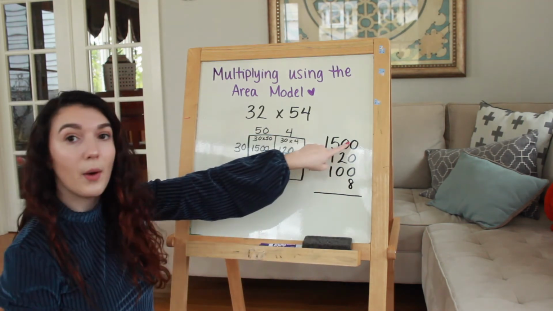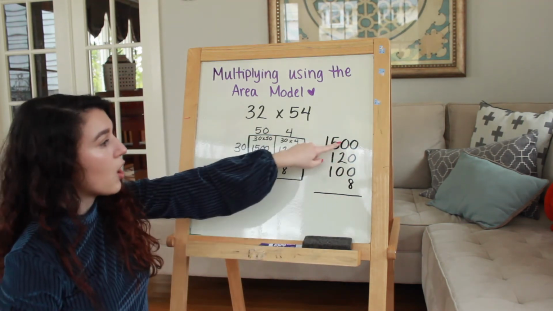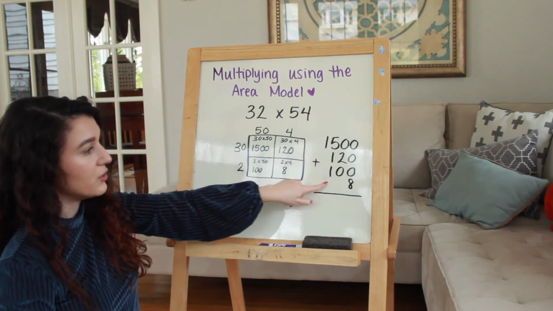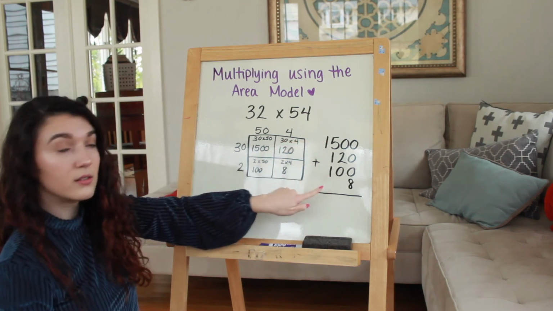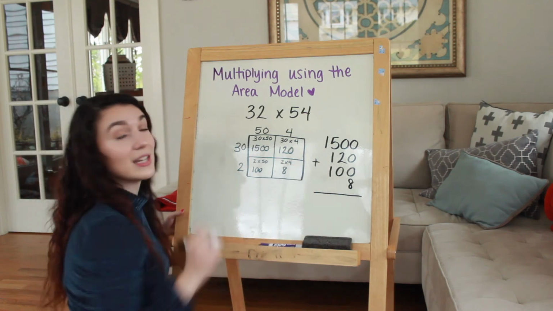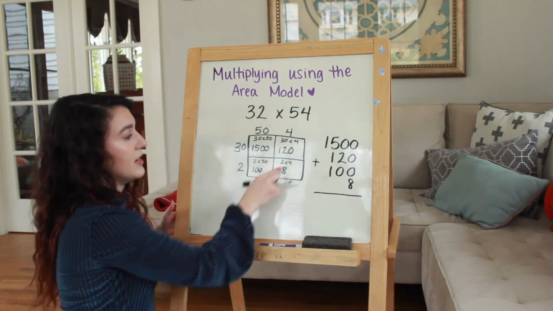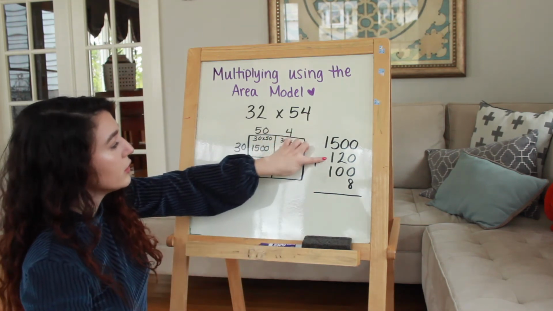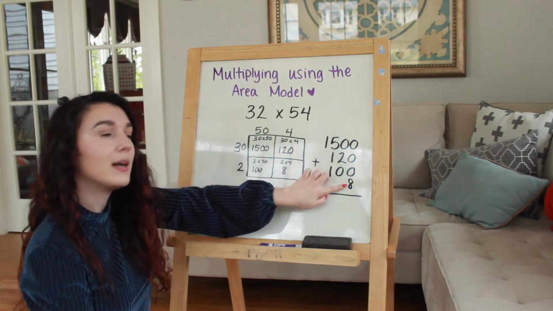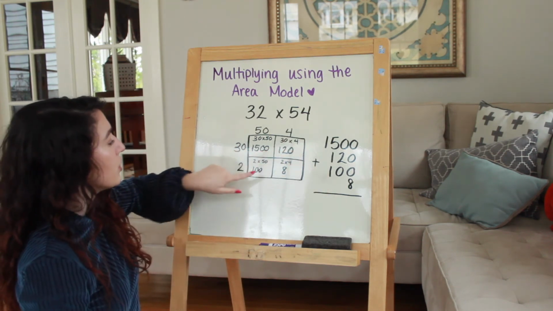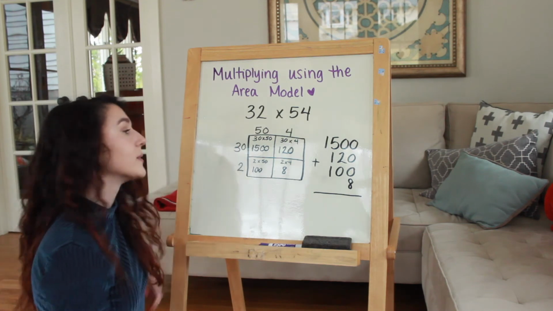Notice how I lined up all of the ones places, all of the tens, all of the hundreds, and all of the thousands. I also can check that I made sure I remembered all of the numbers in here because I have 1, 2, 3, 4 numbers, and I have 1, 2, 3, 4 boxes.